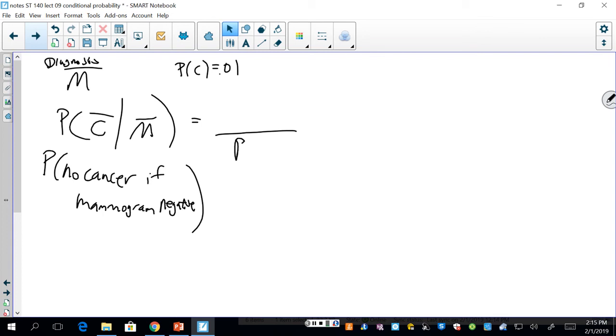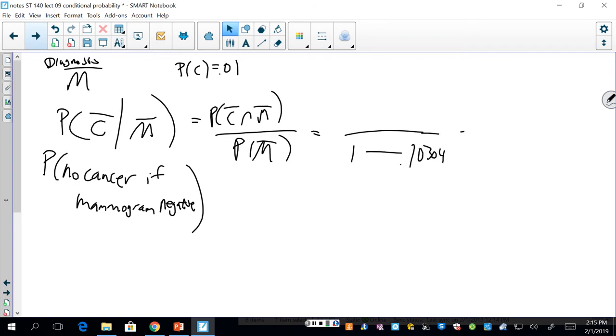Well, the opposite of M stays in the denominator, so that could be something to do. And you can have the probability of both things in the numerator. So mammograms were positive. Say we just calculated it that one way.